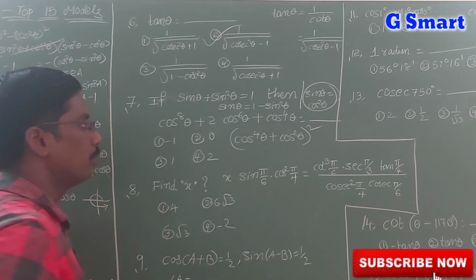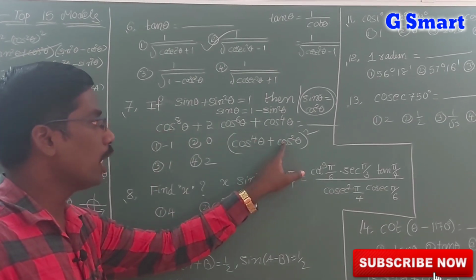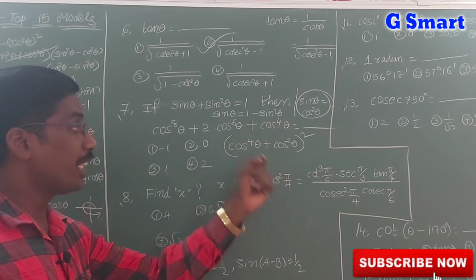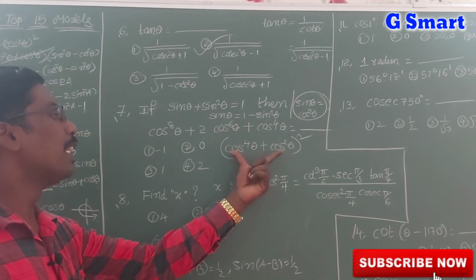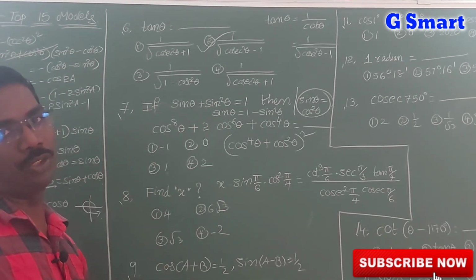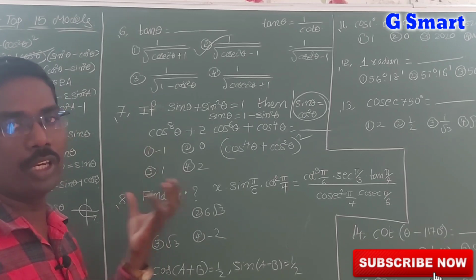Cos power 4 theta whole square means cos power 8 theta. Cos square whole square means cos power 4 theta, plus 2 into cos power 4 theta into cos square theta means cos power 6 theta. So this whole square is nothing but this only. We have to think like that. We have to analyze, then only we will get the answer.